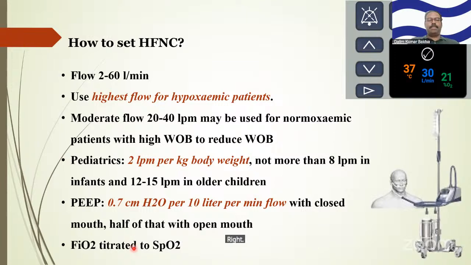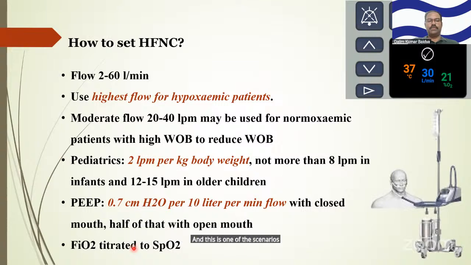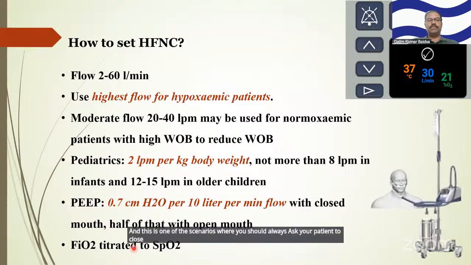So, as we already discussed, flow and FiO2, both these components you can titrate. The FiO2 can be titrated to the desired SpO2, and the flow can be titrated to the work of breathing or the respiratory rate. And this is one of the scenarios where you should always ask your patient to close the mouth and breathe, so that there can be better oxygenation.